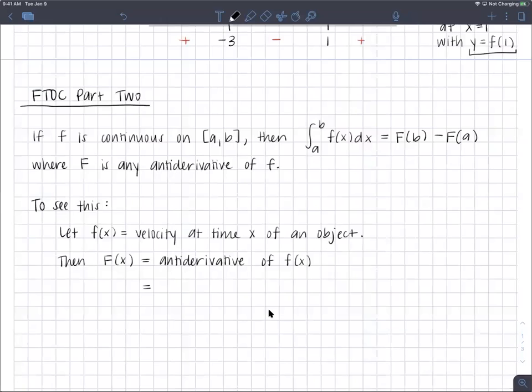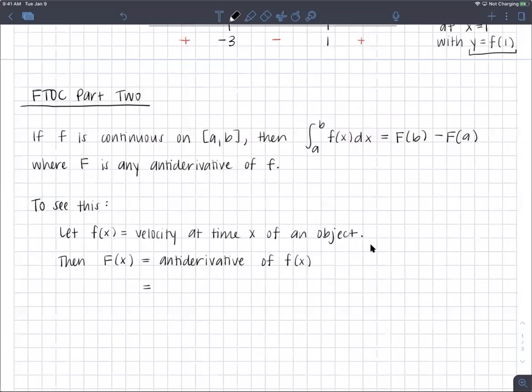But when you think about it, when we were first learning derivatives and velocity and acceleration and position and all of that stuff, velocity is the derivative of which one? Position or acceleration? Or there's a third one, which we talked about, which is jerk, but that came later. So since velocity is the derivative of position, the antiderivative of velocity is also position, right?